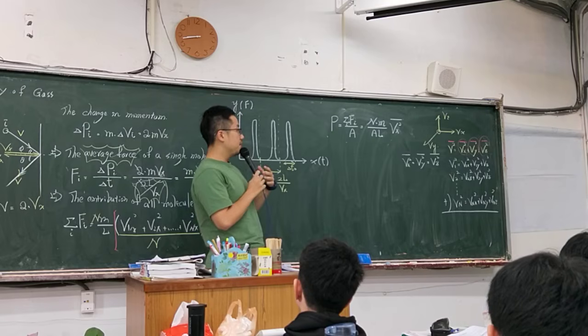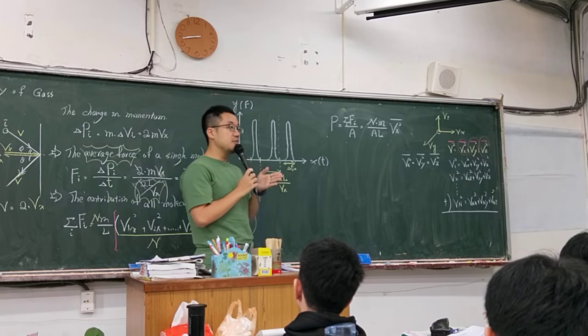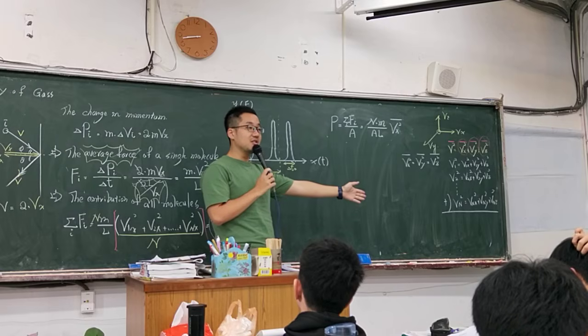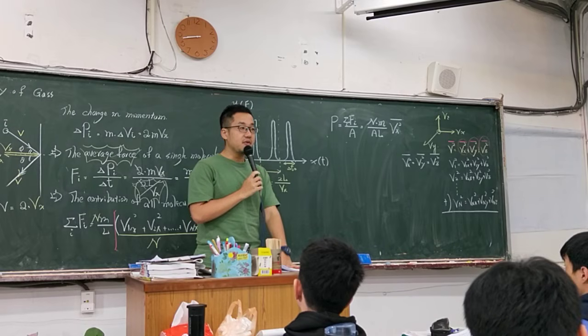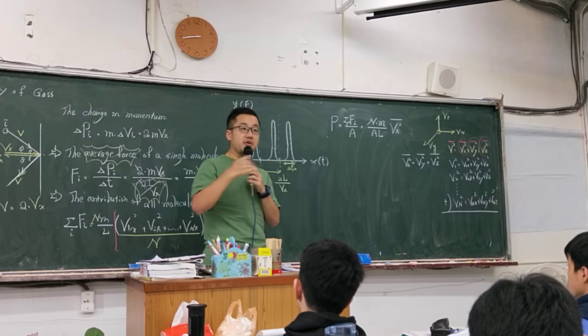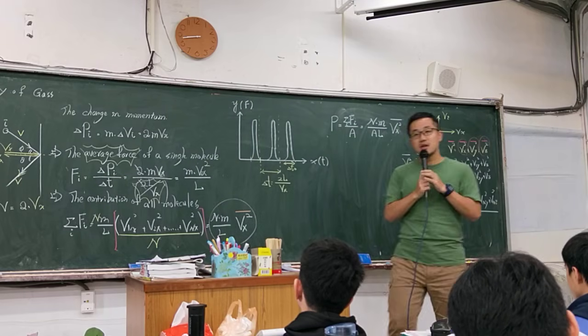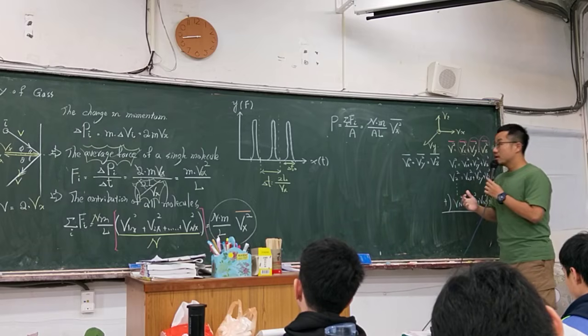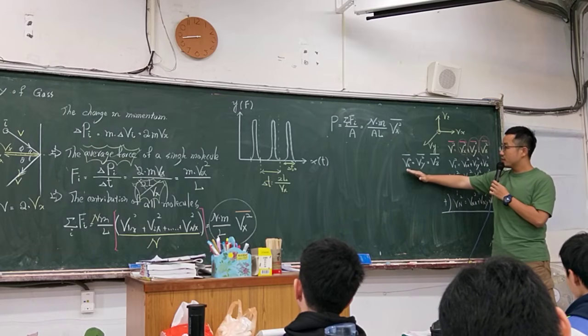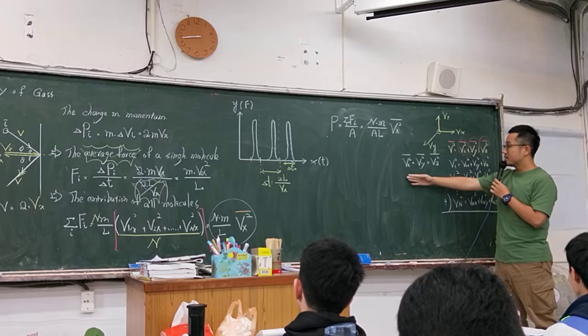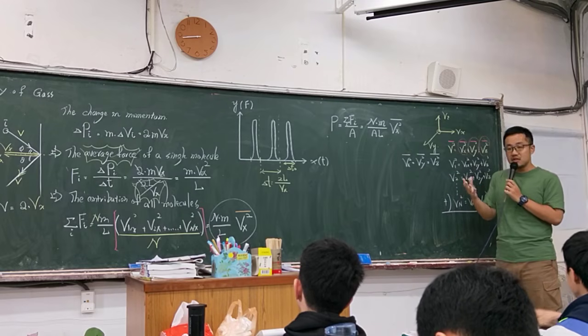They don't have any tendency to move specifically along the x-axis or the y-axis. So they have the same percentage to move along the three axes. So why would any one be different? So the contribution toward the x-axis, y-axis and z-axis is equal to each other.